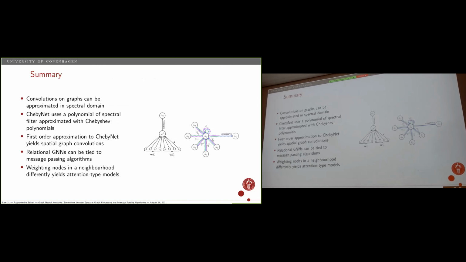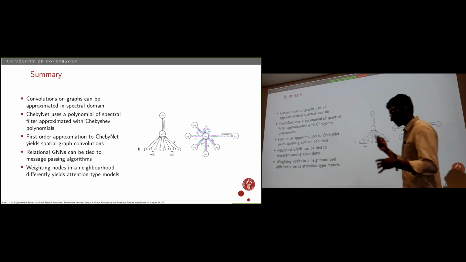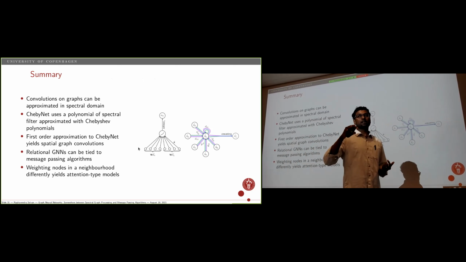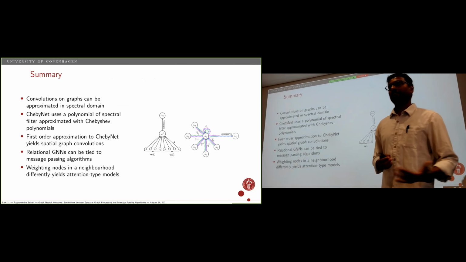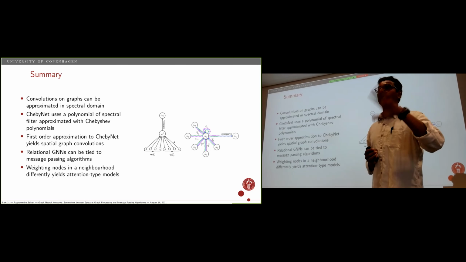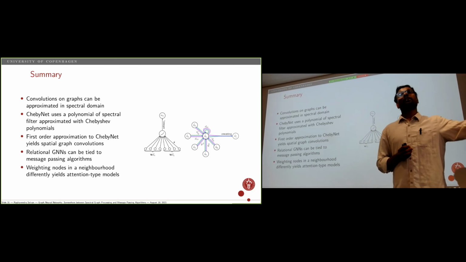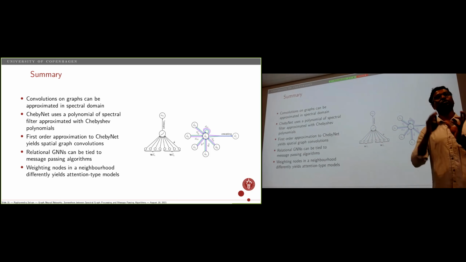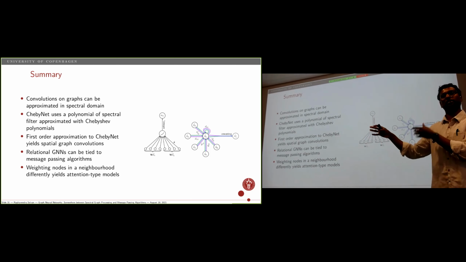So in summary, we started out trying to do convolutions on graphs, but then we realized, okay, you can't do it in the spatial domain. You have to go to the spectral domain. And then we ended up doing the Chebyshev approximation, so you do get a spectral variant of graph convolutional network.